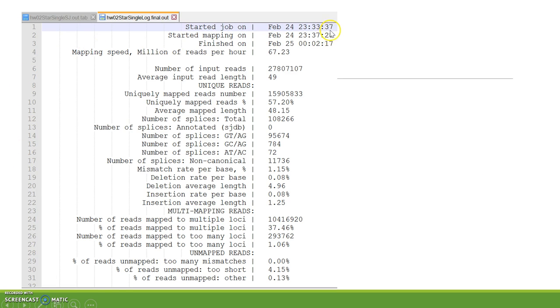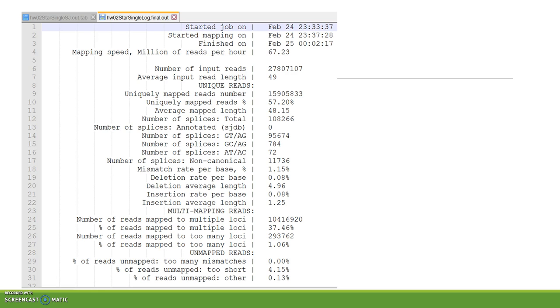The first few lines will just describe the job you ran. And what is important is the unique reads section. Uniquely mapped reads number refers to the reads that mapped to only one spot. And we usually prefer to have 80% or more for the uniquely mapped reads percentage.